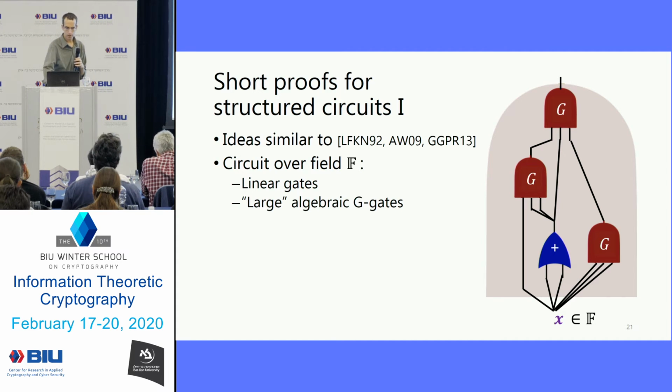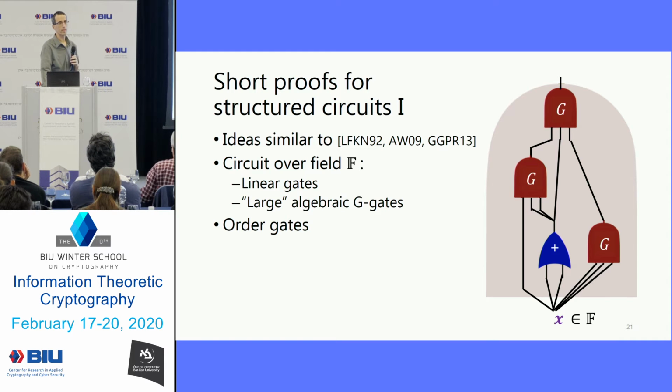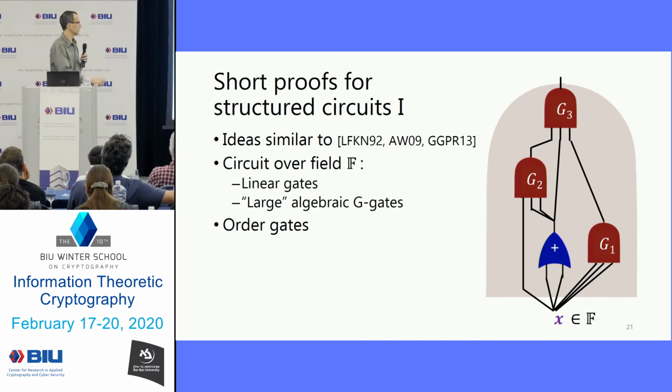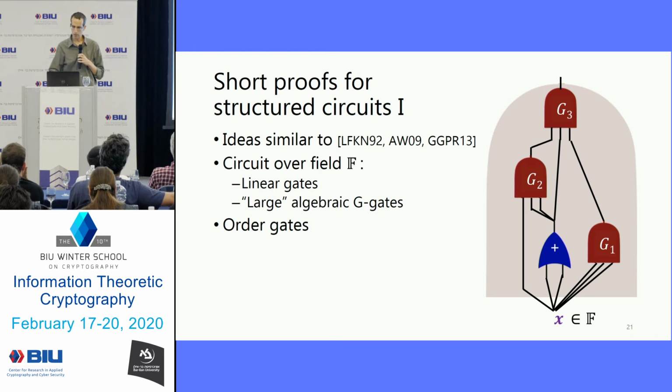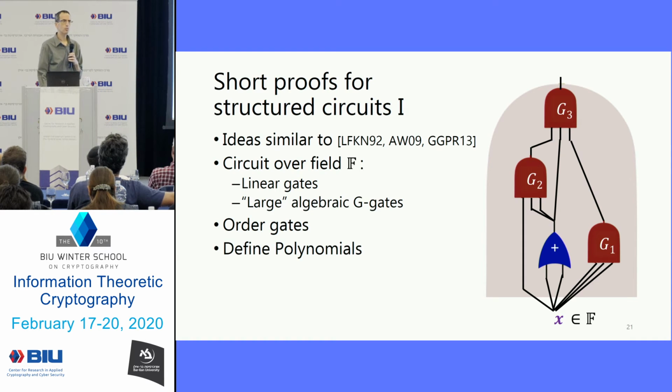Okay, so here's what we do. First, we order the gates in some topological order. So here we don't have an order, now we do. Down below there's G1, and then G2, and G3, and so on. And then we define a set of polynomials. So here's our definition.